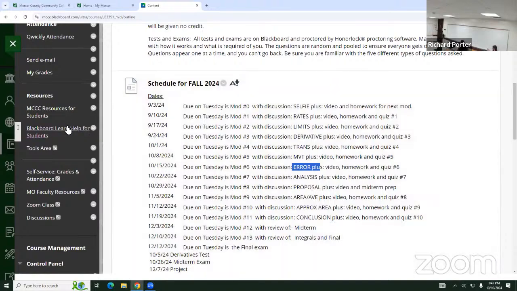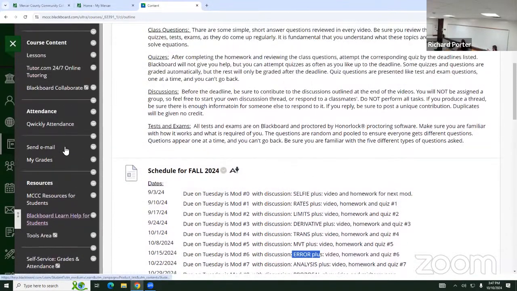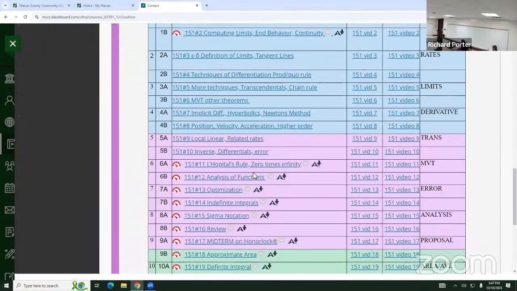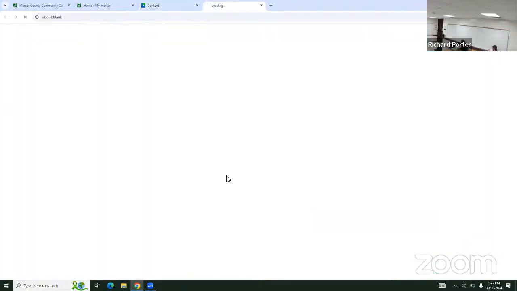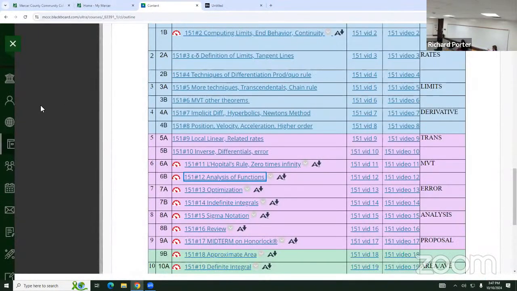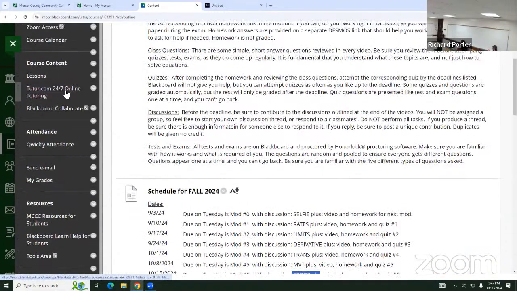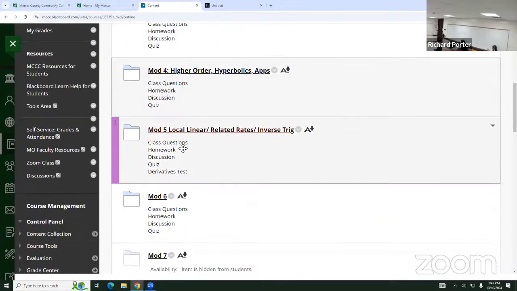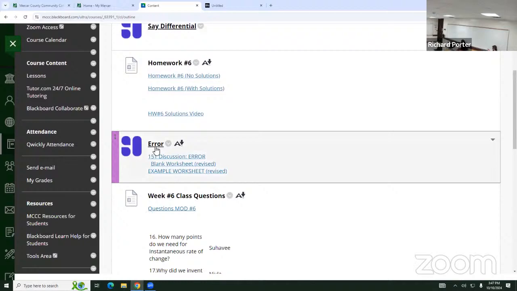Okay. Let me take a look at it just in case. Let's see. Before I go there, while I'm here, I'm just going to click on Mod 6, error.